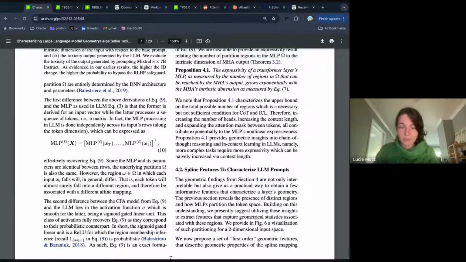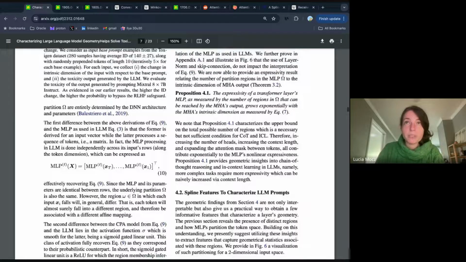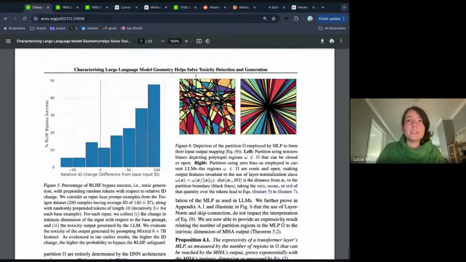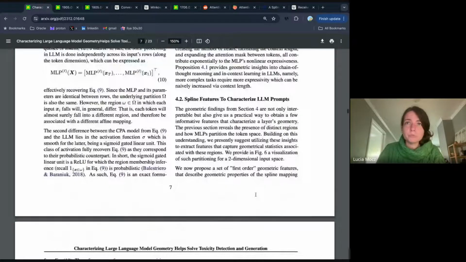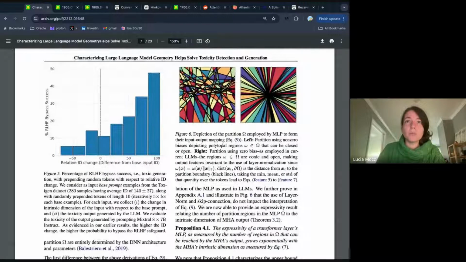But maybe we can reason through it in a second. What they claim is that they just use the elementary statistics of how this is broken down.